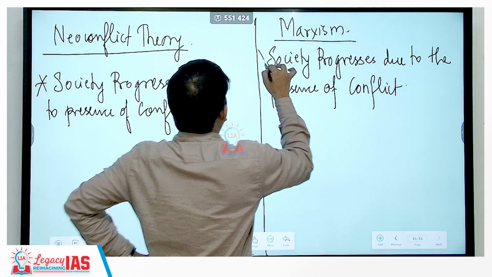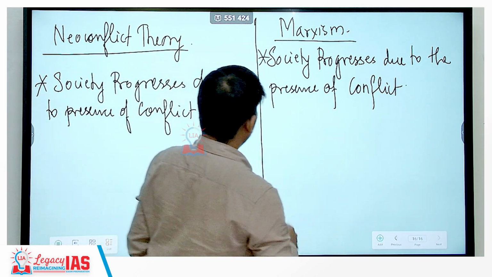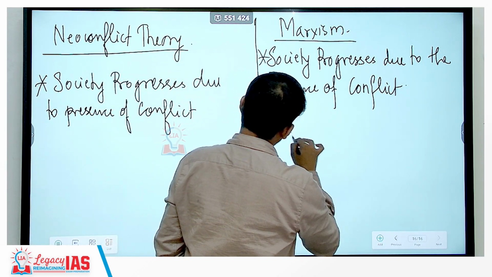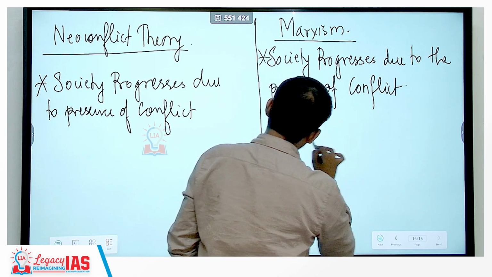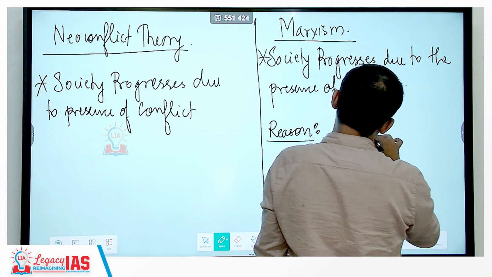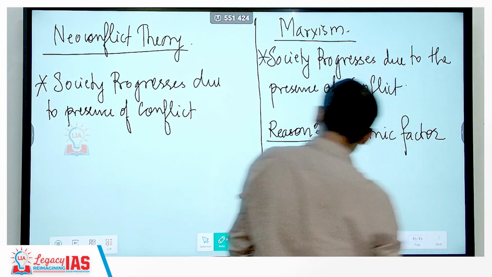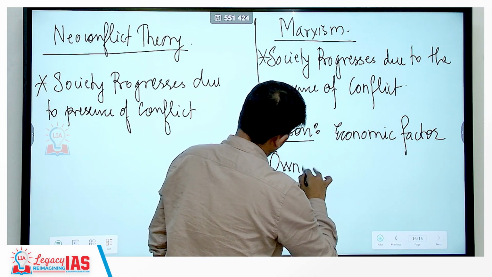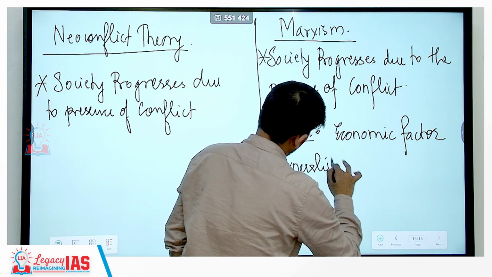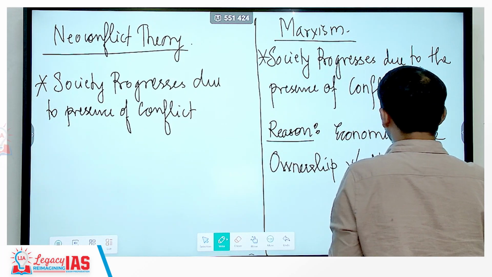They are differing when it comes to the reason for conflict. So what is the reason? The reason of conflict here is economic factor, that is ownership versus non-ownership.